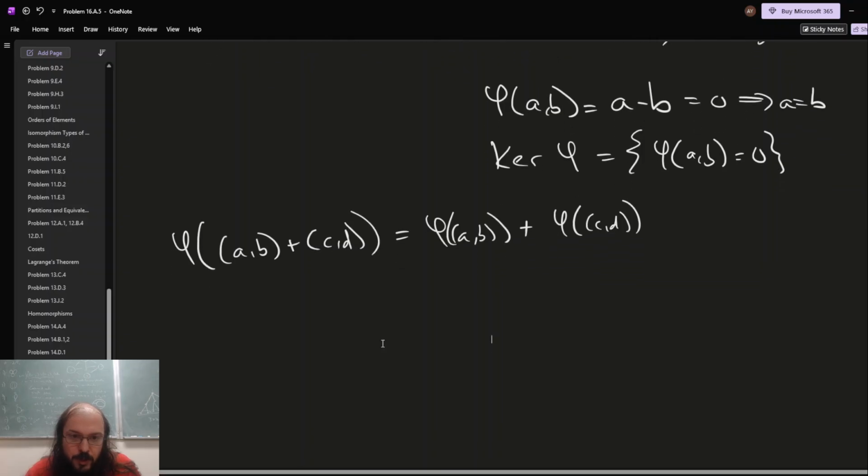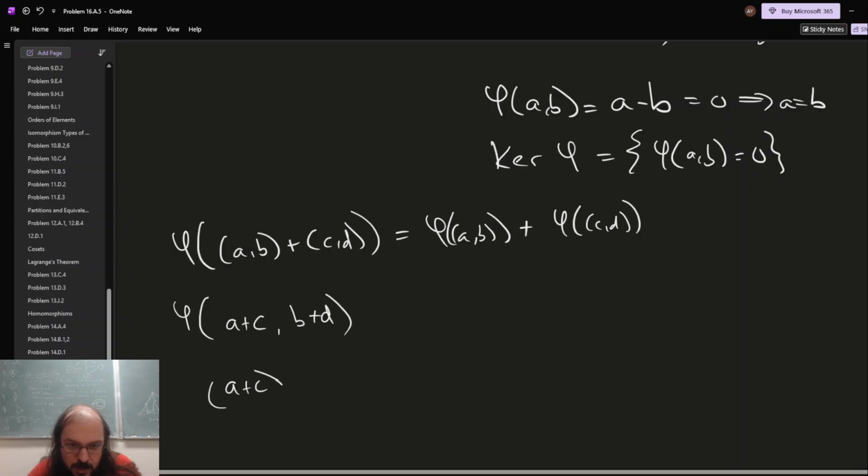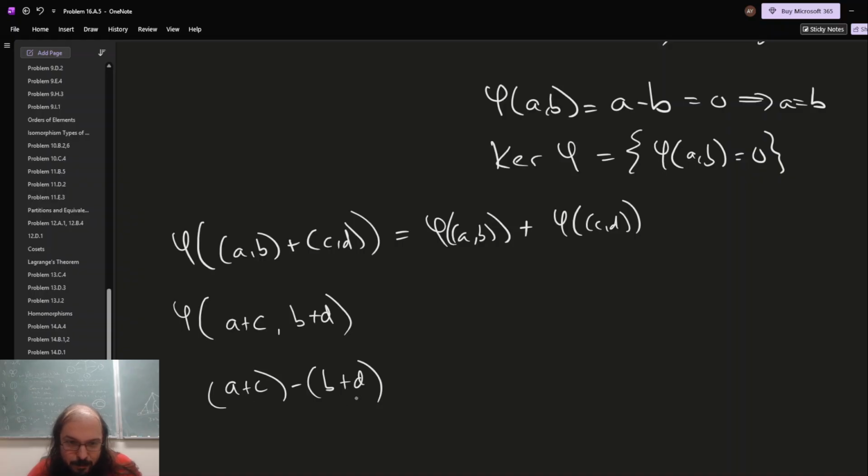So what this would do is this thing sends it to, right? We know how to add these things. So this becomes (A plus C, B plus D). And this is (A plus C) minus (B plus D). There really isn't any better way of writing it.